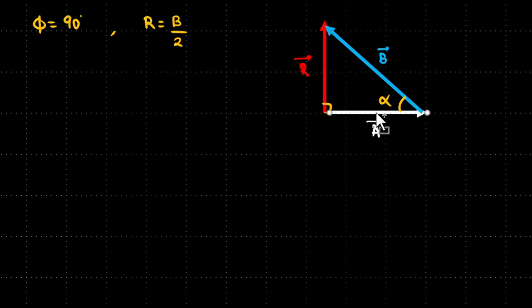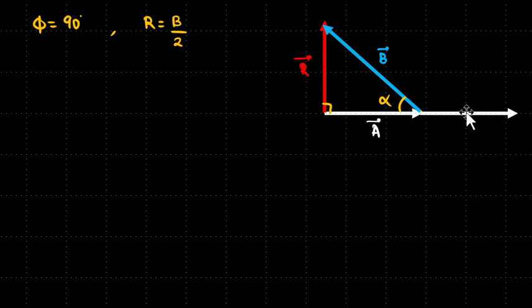What's the tail method? I will have to parallelly transform this A vector like this, so that it is connected by the tail method, or I will have to move this vector downwards so that it is connected by the head method. So you can use either the tail method or the head method.